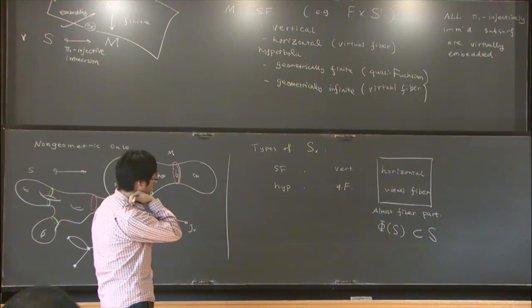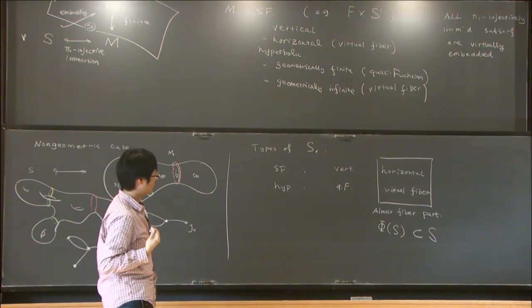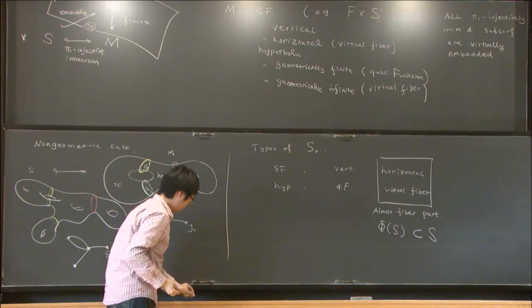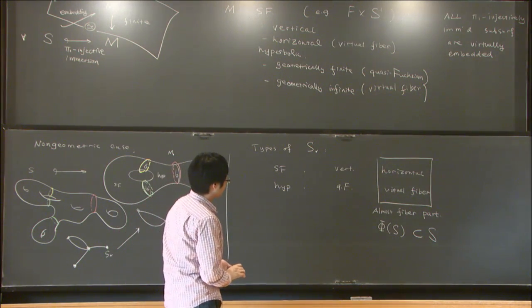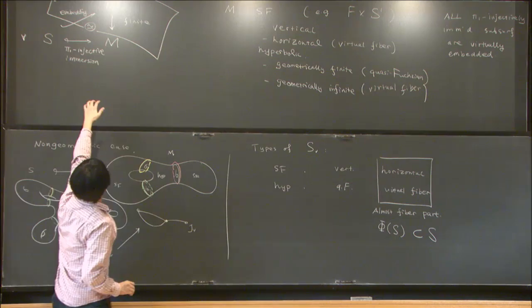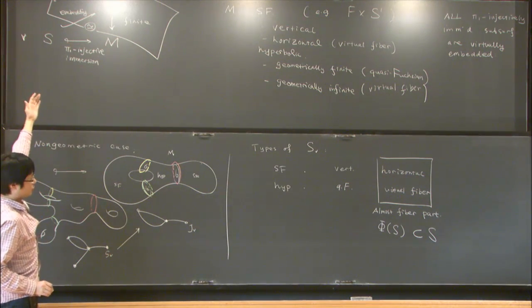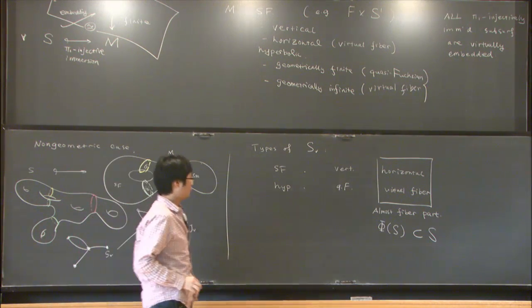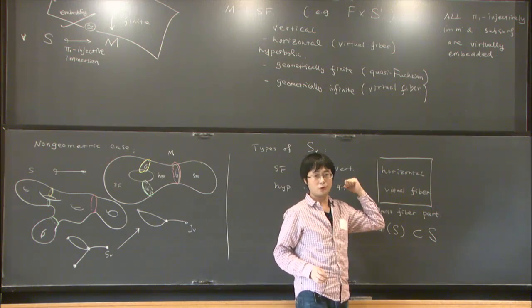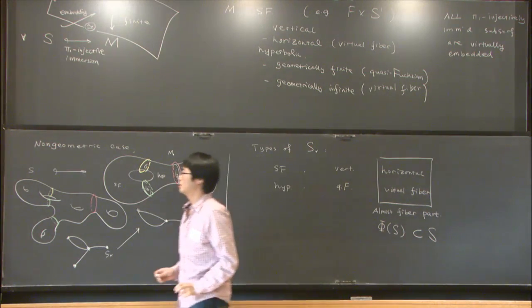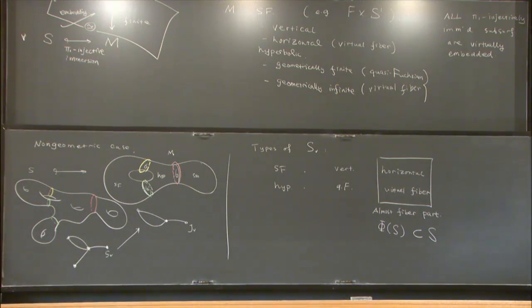Okay, so what's good about this almost fiber part? In the rest of the talk, what I want to convince you of is that the question about this virtual embedding property can be answered by purely looking at the restriction of the immersion to the almost fiber part. So let me put the simple version of the theorem here.